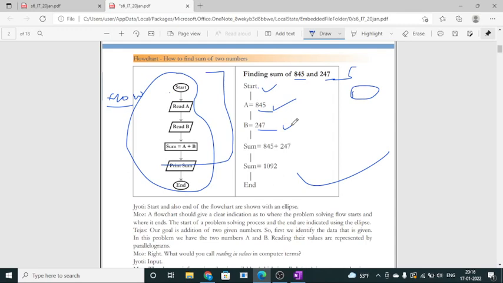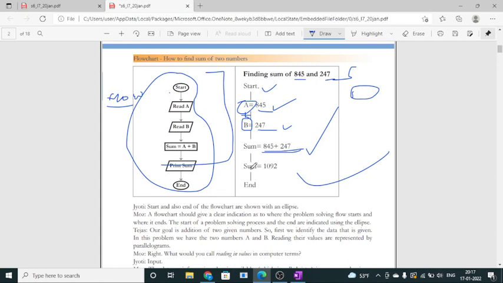This thing is clear. The next step is that we'll take one variable, sum, and add both numbers, because the question is the sum of 845 and 247. So we'll take one more variable, and in this variable we'll add variable A plus variable B. We'll add there 845 plus 247.